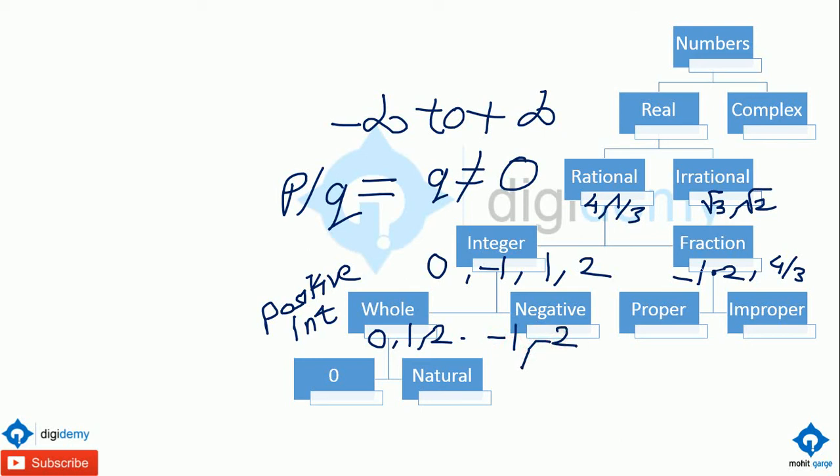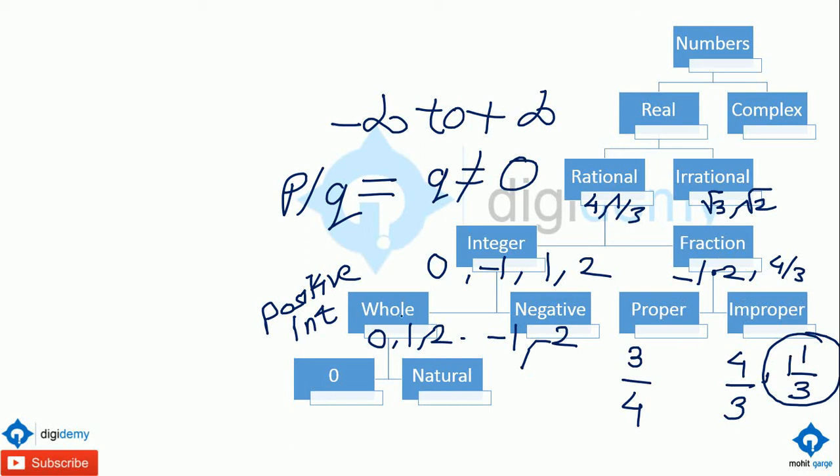Now let's see how the fractions are classified. Fractions are classified as proper fraction and improper fraction. So what is proper fraction? Suppose there is 3 by 4. This is the proper fraction. This cannot be simplified further. But if you can see here, 4 by 3, that is 1, 1 by 3. So this is improper fraction. So this is how it is classified.